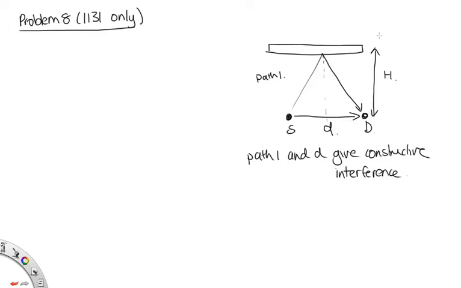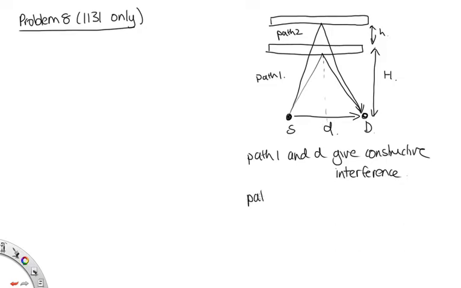However, this layer of atmosphere can move up a little bit, and if it moves up a distance little h, and the wave goes from the source to this new height of atmosphere and back down, let's call that path 2, we get destructive interference, and we're told that there's no other maximums or minimums in between.